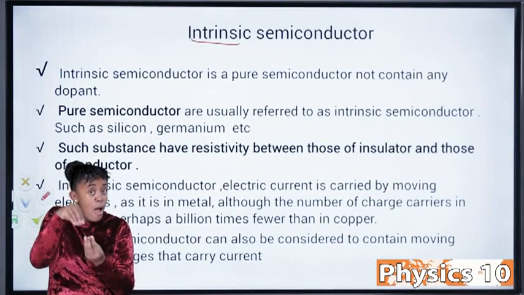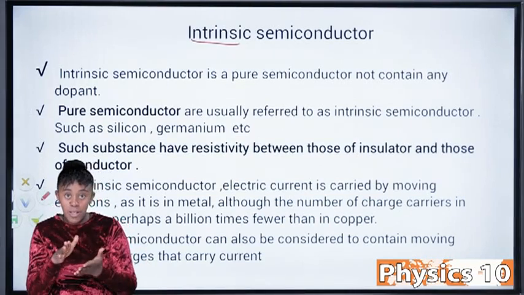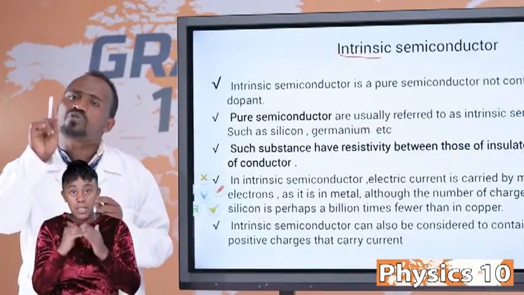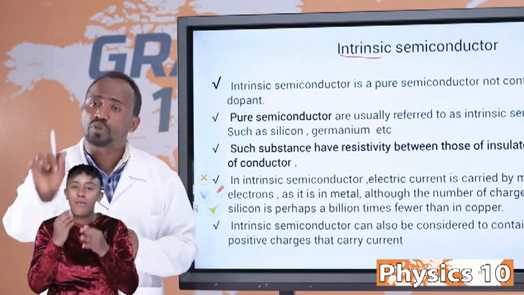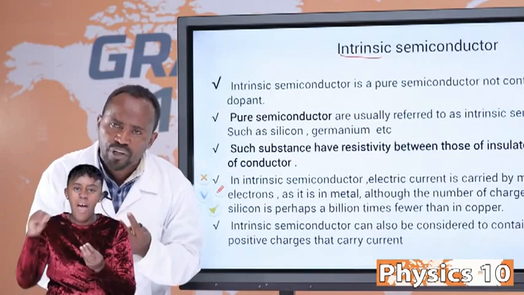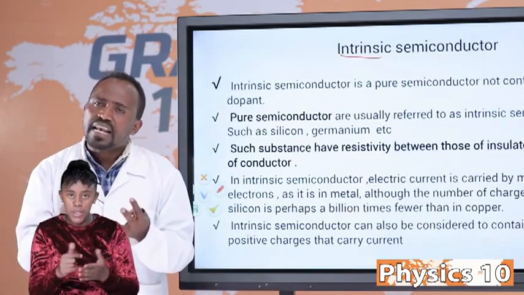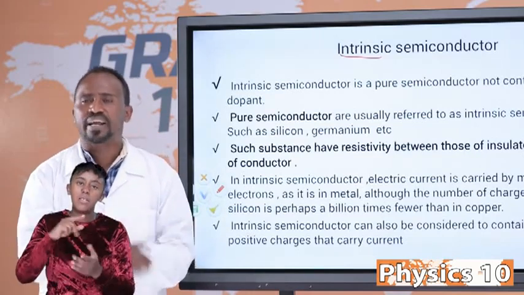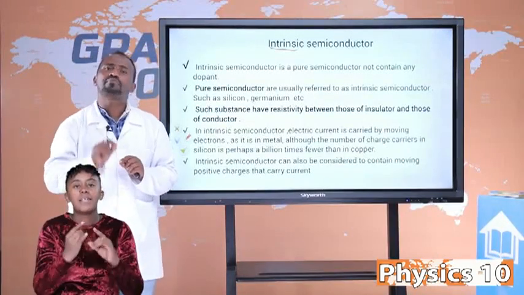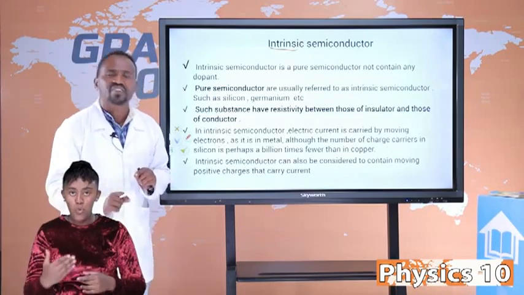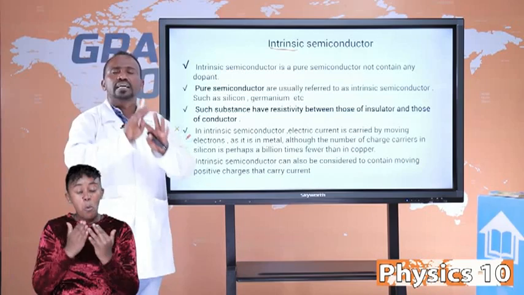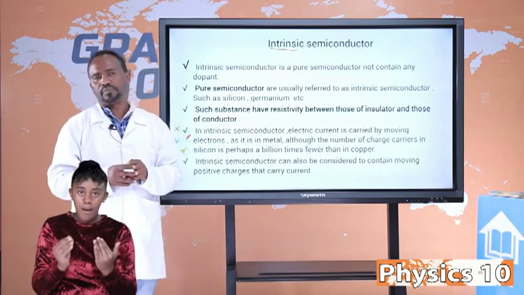If we add impurity to this semiconductor, it becomes an extrinsic semiconductor. A semiconductor becomes a good conductor of electricity in 2 ways. One is by adding impurity. The second is by raising its temperature. By using these 2 mechanisms, a semiconductor becomes a good conductor of electricity. Without them, a semiconductor is intermediate between insulator and conductor.